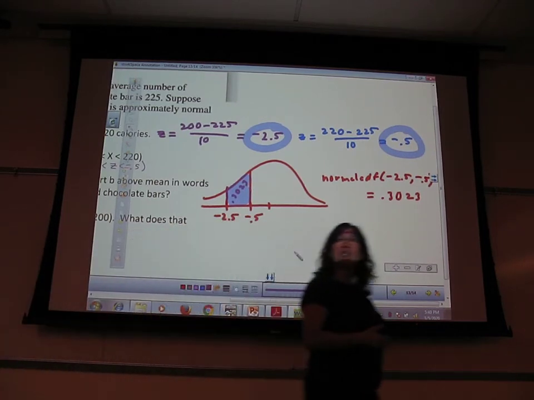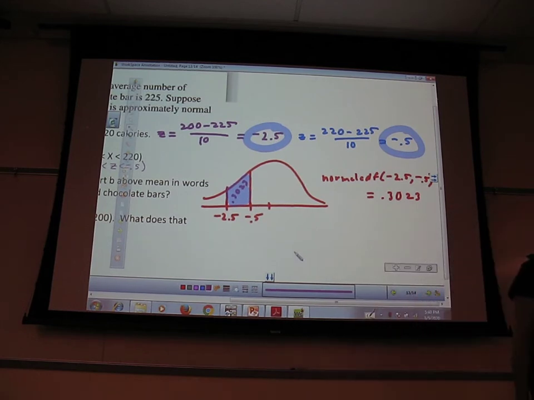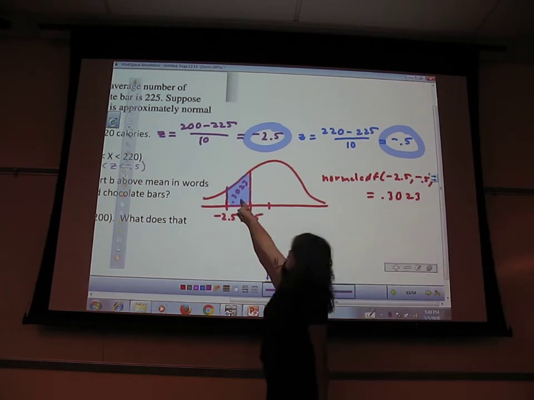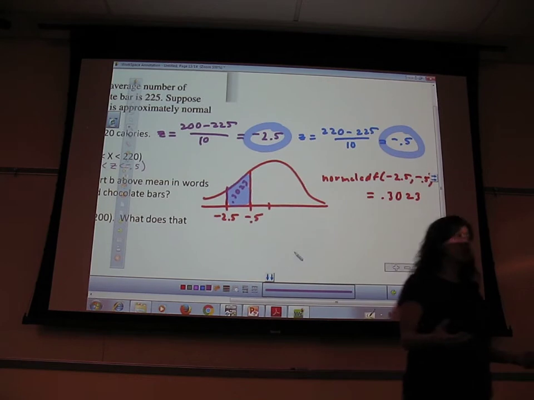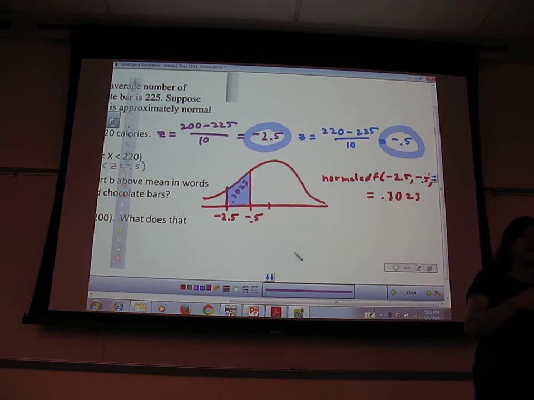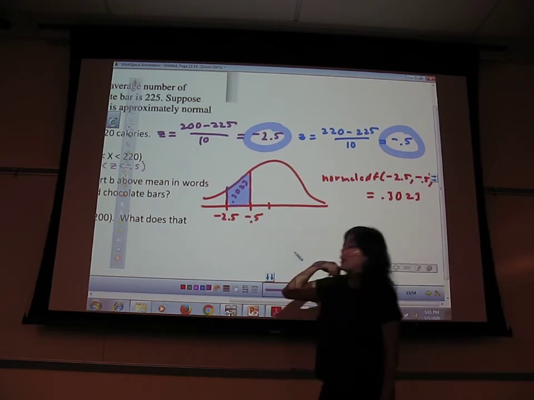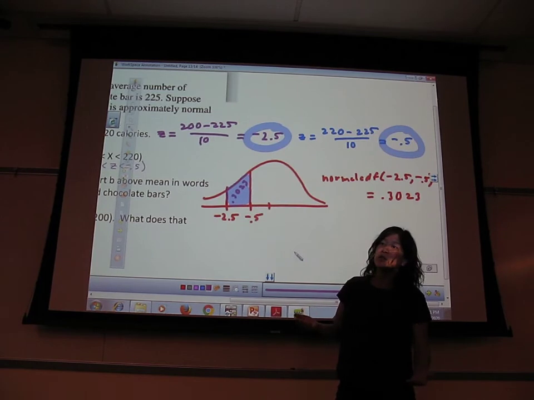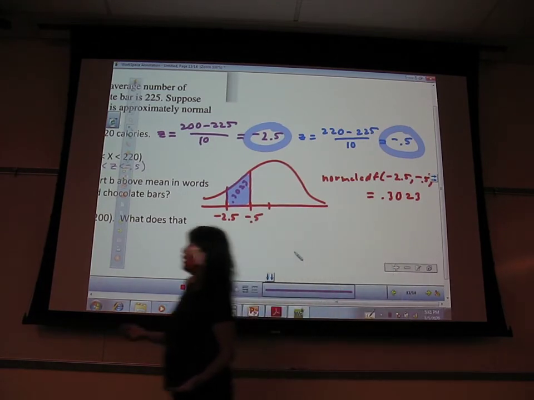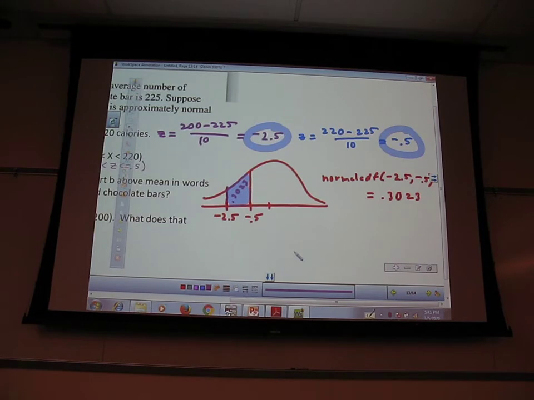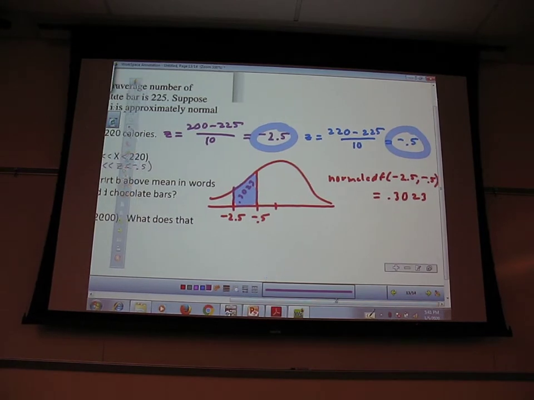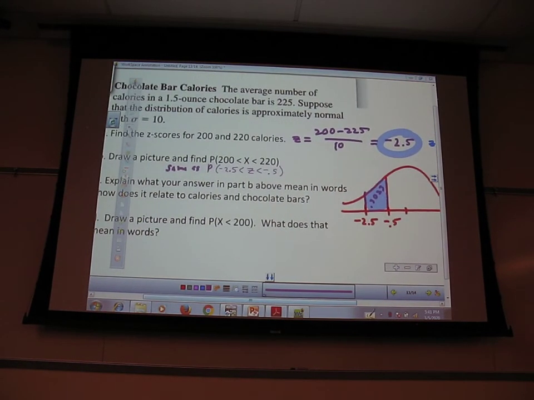So what does that mean in words? Someone tell me, using the words calories and chocolate bars, what this means. What does this represent? The values of the what? Of the calories. Okay, so 30.23% of the population, what's the population?